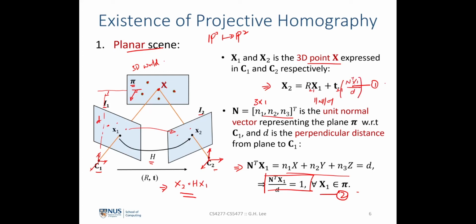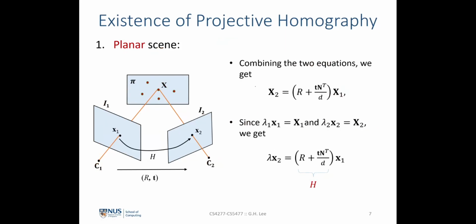And now factorizing out x1 in this equation after multiplying equation 2 into the equation, combining the two equations and factorizing out x1, I'll get this relation here. And since we also know that lambda x1 equals capital X1 here, what it means is that these 2 points, x1 and the 3D point capital X over here, both lie on a line.